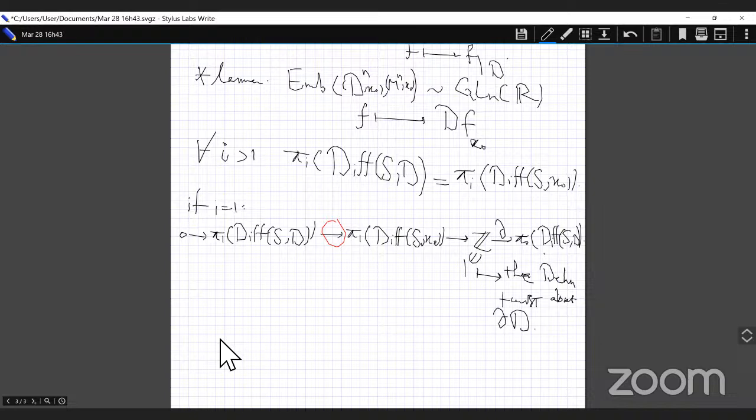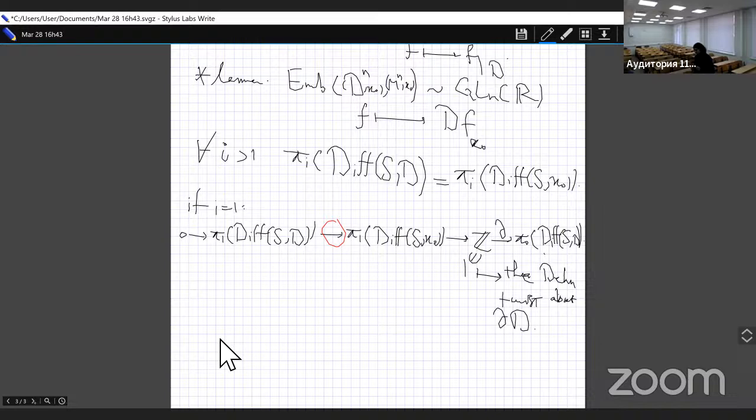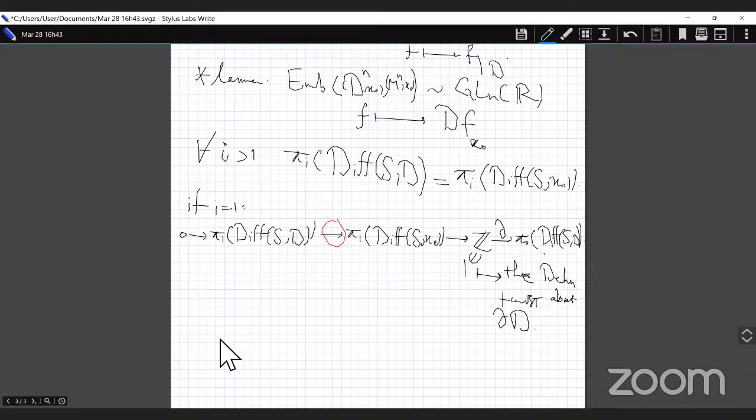So when I'm embedding it, I can first turn it by an angle theta and then embed it. And so there's a theta family of embeddings. And the claim is that this loop of embeddings, although I come back to where I started, is not contractible. The reason it's not contractible is that I do this construction in the lemma.